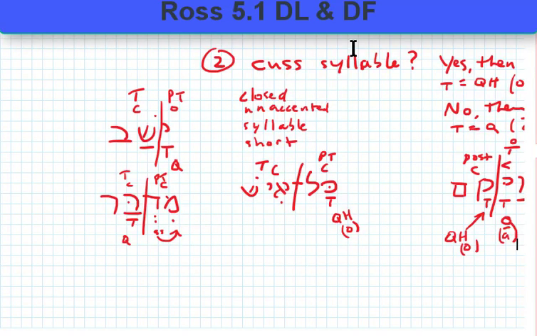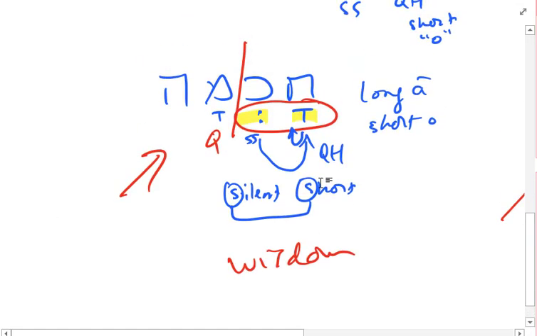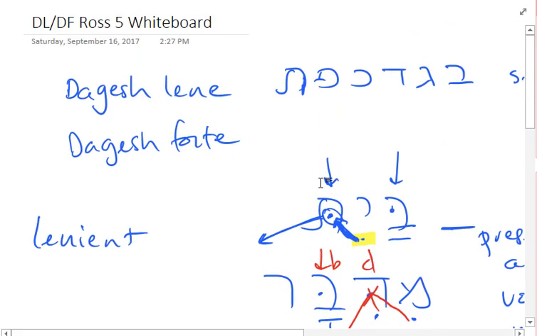Let's talk about Dagesh forte and Dagesh lene here. If you look up at the board, we have the word Dagesh followed by two Latin words, lene and forte. Lene in Latin means what?